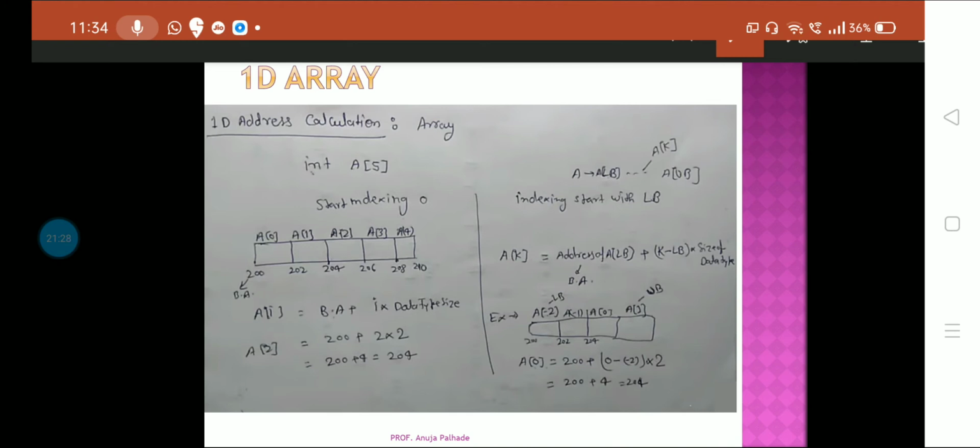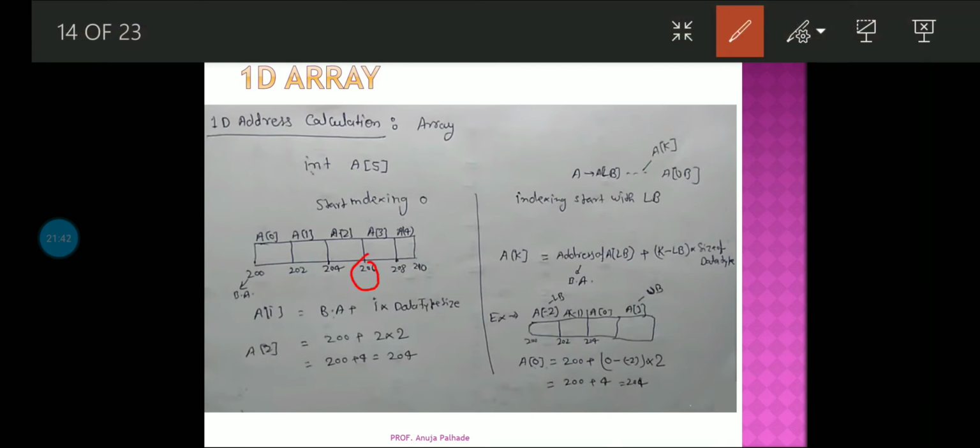So likewise, now you know why the base address is very important and why address calculation is very important. What happens if your array size is 4? By looking at the image you can find the base address. But what happens if your array has a size of 1000, and you want to find A of 800?